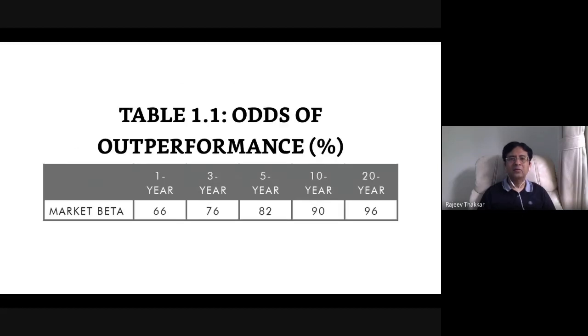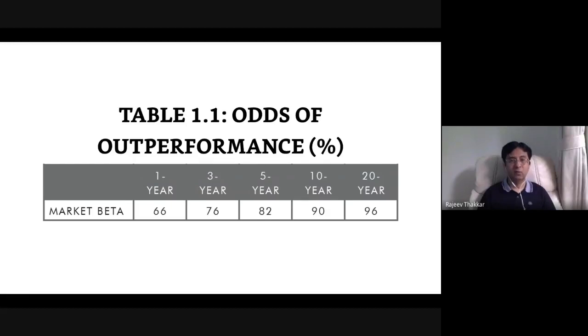And let's look at the odds of outperformance. Outperformance means you beat the risk-free rate of return, meaning your equity investments do better than your short-term treasury bills. So if you invest only for 1 year, chances are that 66% of the time your equity returns will be higher than your risk-free rate of return.